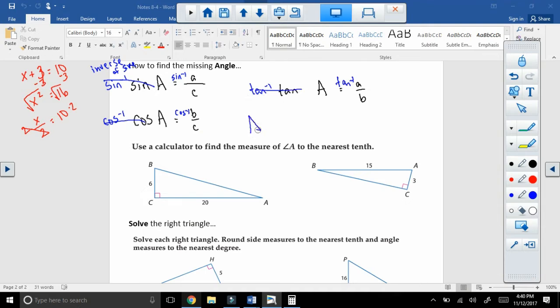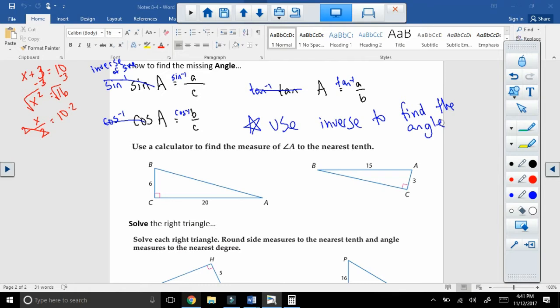So when you're finding the missing angle, I'm going to write: use inverse to find the angle. Most of the time, this is just the button right above your sine, cosine, tangent button on your calculator. It should look like sine to a -1 power, and I can show you individually if you show me your calculator, if you can't find where that's supposed to be.